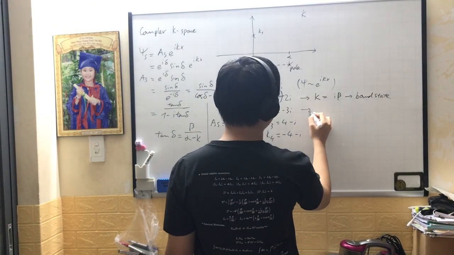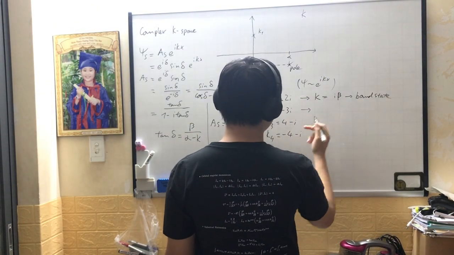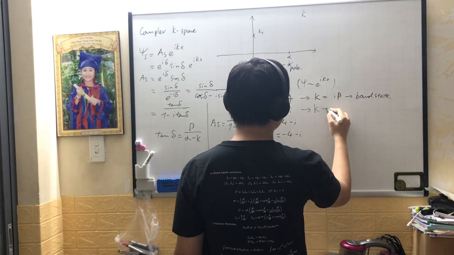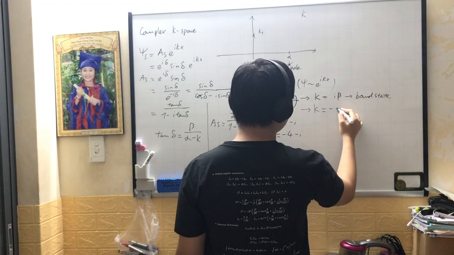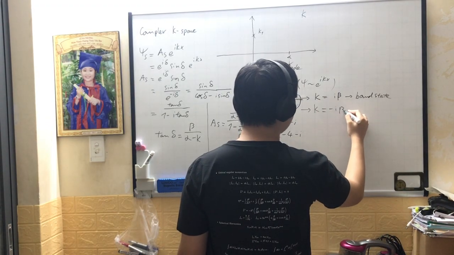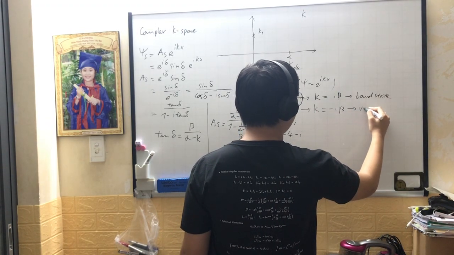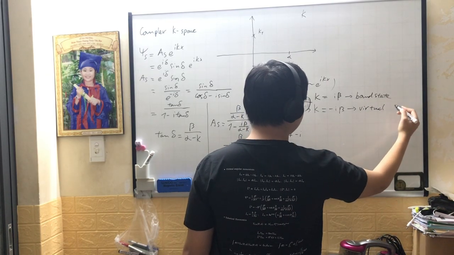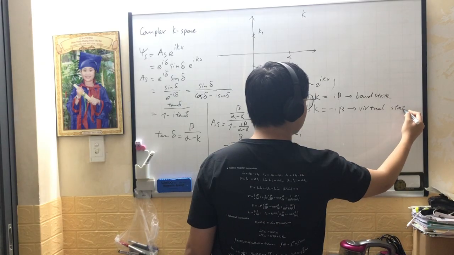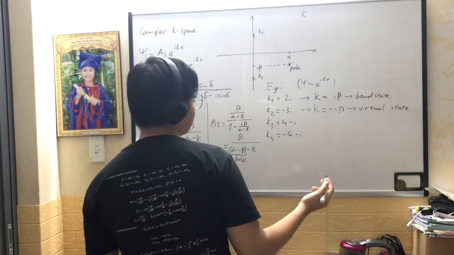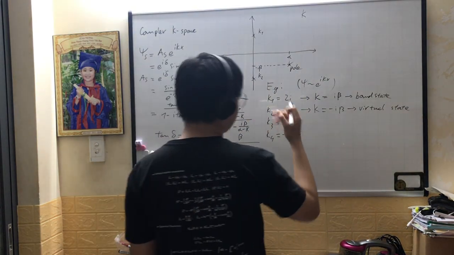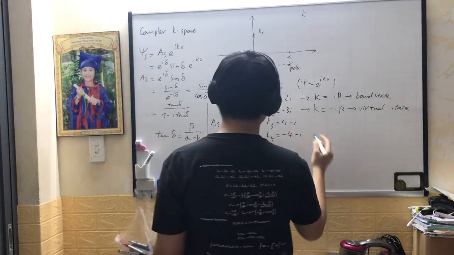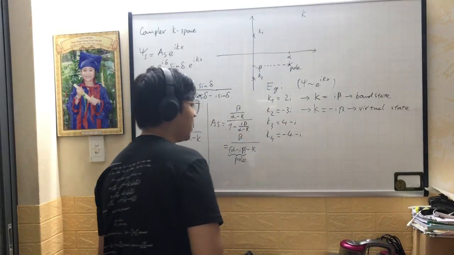And here on the minus side of the imaginary k-axis, we can generalize it to be equal to minus iβ, and this would indicate a virtual state, which is similar to a quasi-bound state. You can technically think of them as the same thing, but maybe you can find some differences. I don't really know.